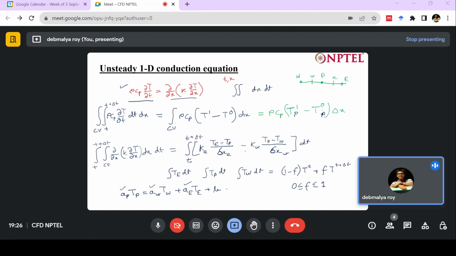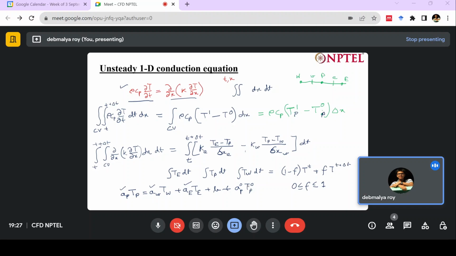But here in this case, there will be another term which will be AP0, TP0. What is this AP0, TP0? These are for the temperature of the previous time step. So, taking the same logic, if the previous time step temperature is high, the next time step temperature should also be high.